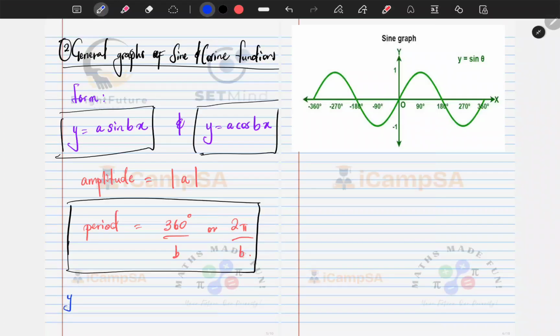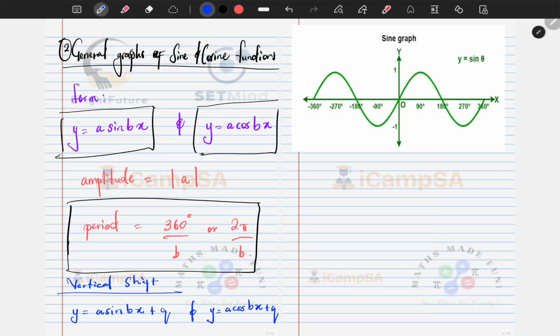However, we also have the vertical shift. If we include vertical shifts, your graph will transform and it will be y equals a sine bx plus q, and you still have y equals a cos bx plus q.